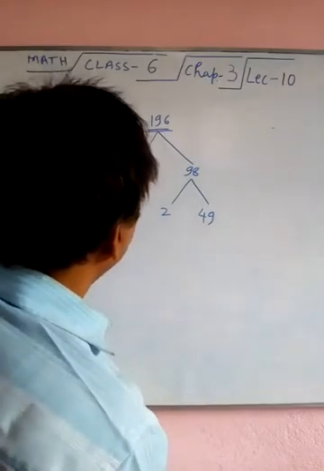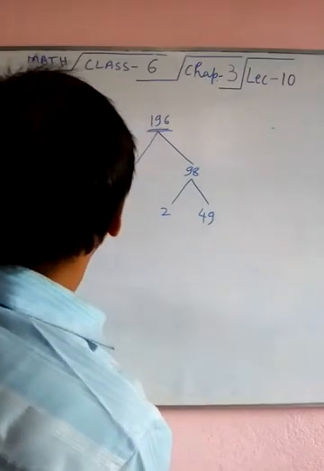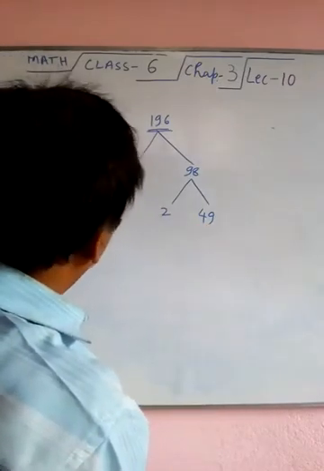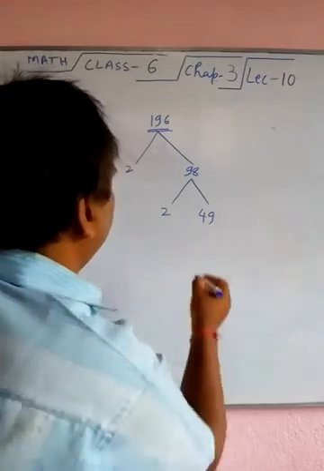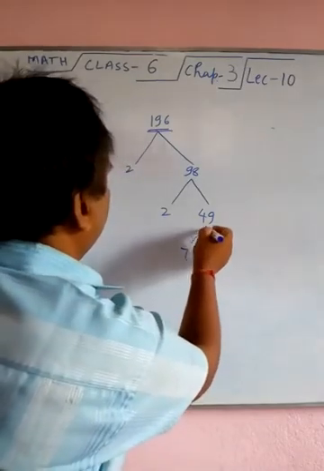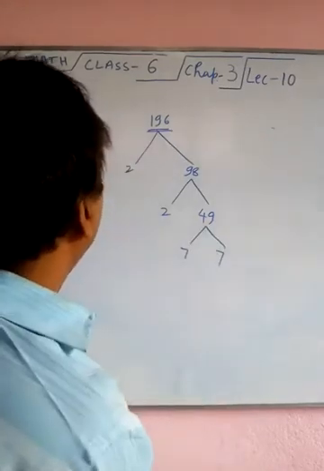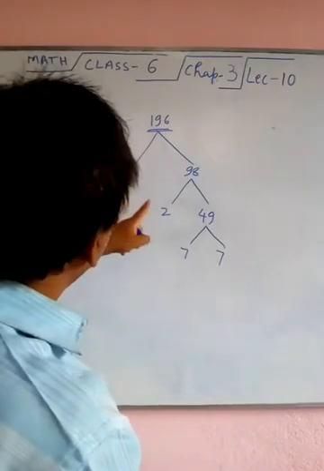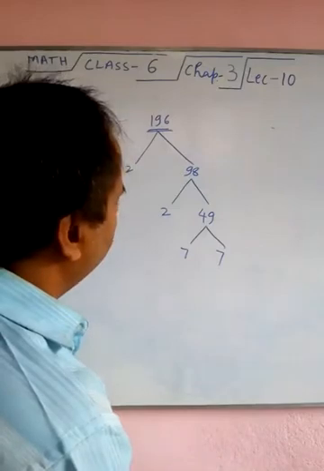Now 49 cannot be divided by 3 or by 5, so we will try 7. So 7 will be there and 7 will be there. So we stop here because all the numbers 2, 2, 7, 7 are prime numbers.